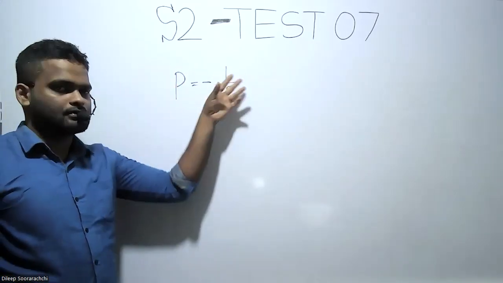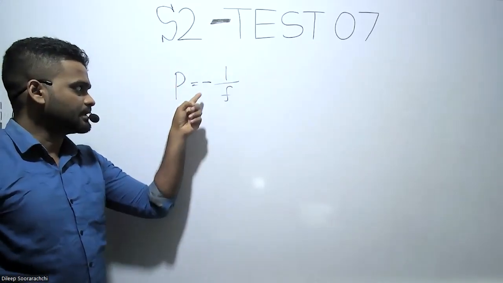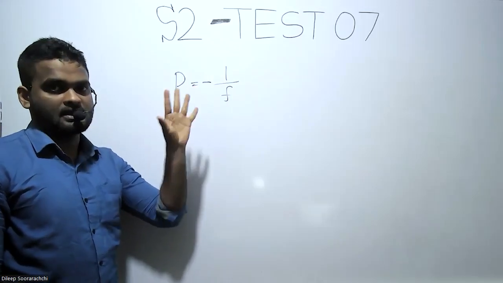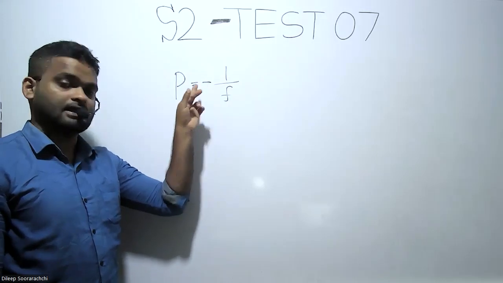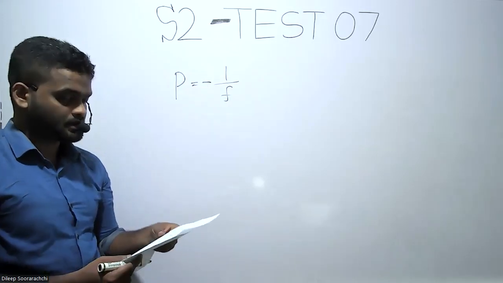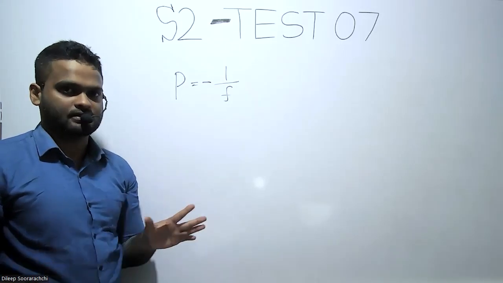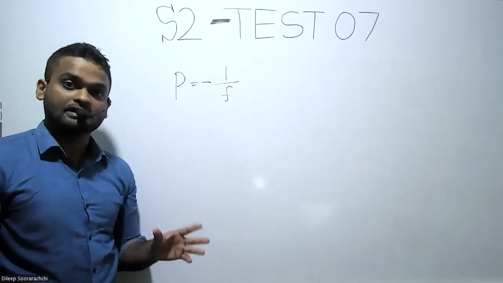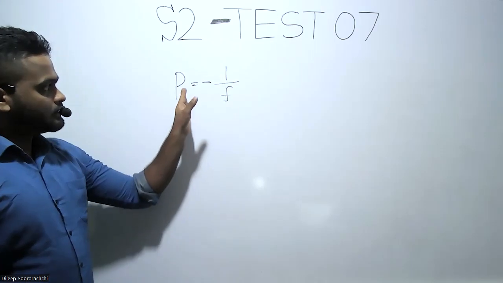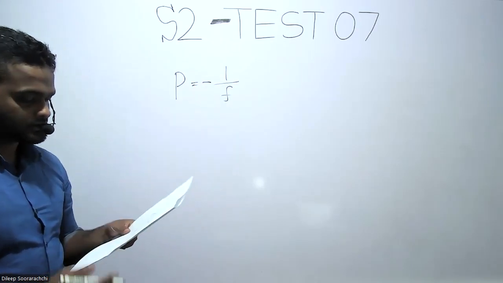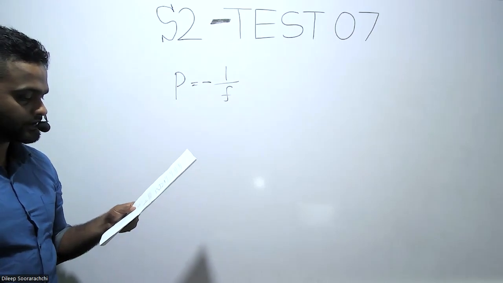But there are other forms of this equation. In some books they might not give this as a minus sign, but in the syllabus there's a minus sign here. So we'll follow the syllabus. Both ways are correct, but the convention is different. So just follow what is given in the syllabus. So that's the equation to find the power.